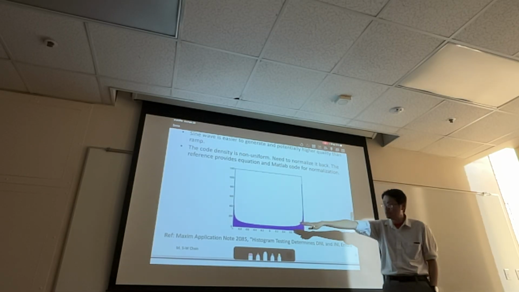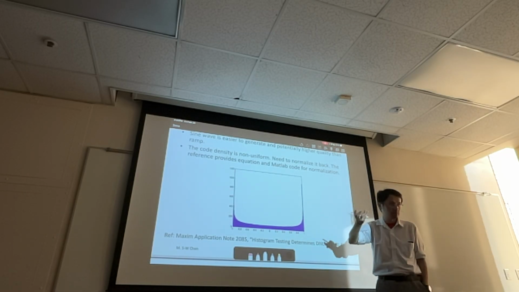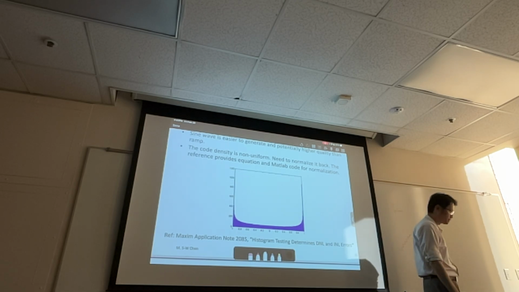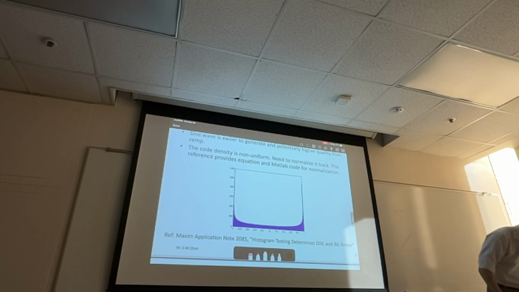When it's too small, like this, you will enhance that. All this normalization you can see in that application note, which provides even the MATLAB code to allow you to find out what your DNL of the ADC is.